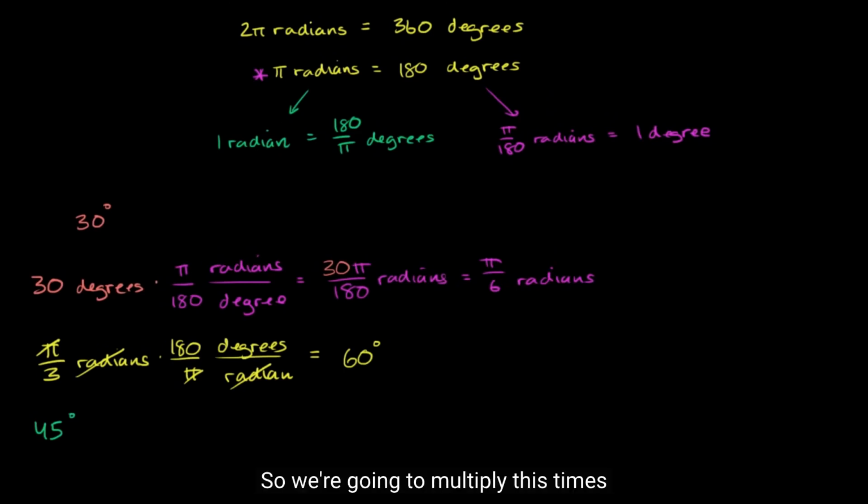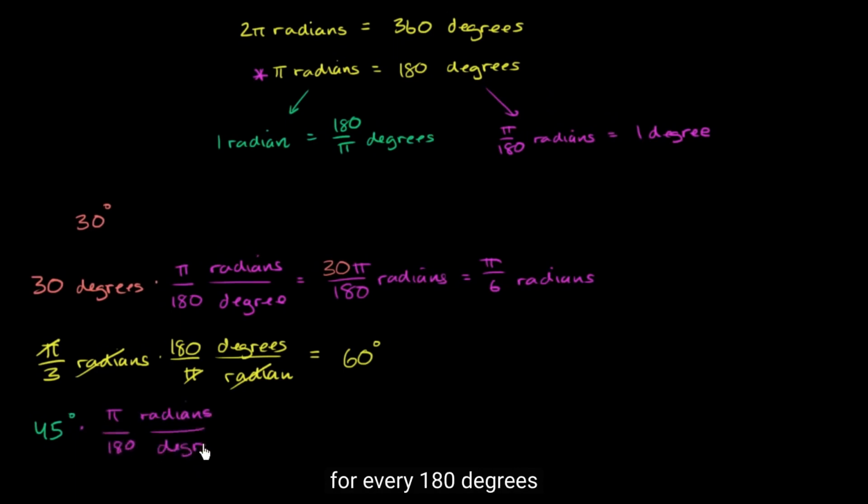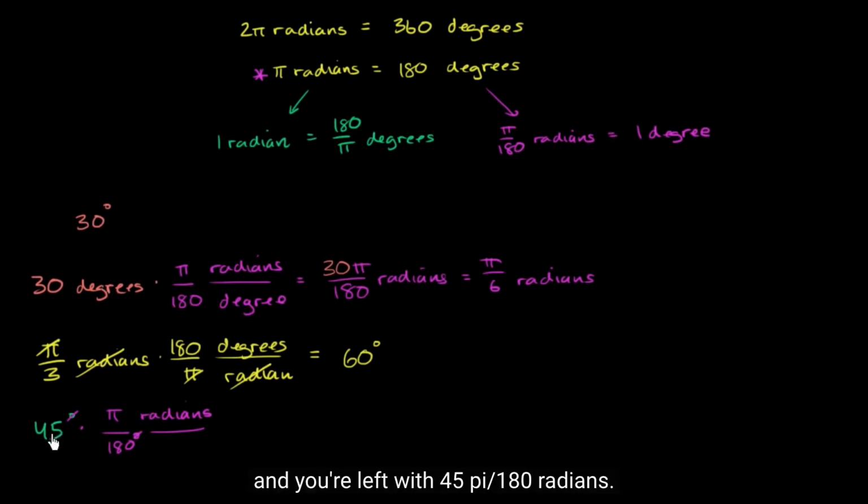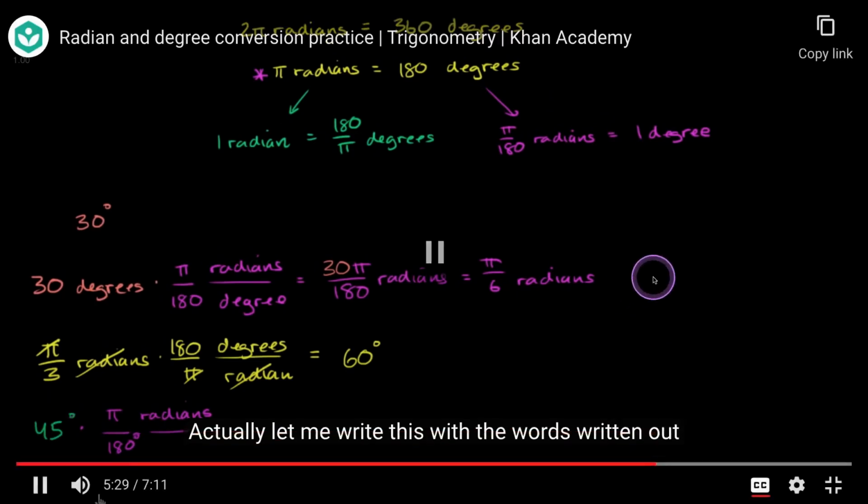So we're going to multiply this times, well, we know we have pi radians for every 180 degrees. Here, this might be a little less intuitive, the degrees cancel out, and that's why I usually like to write out the word, and you're left with 45 pi over 180 radians.